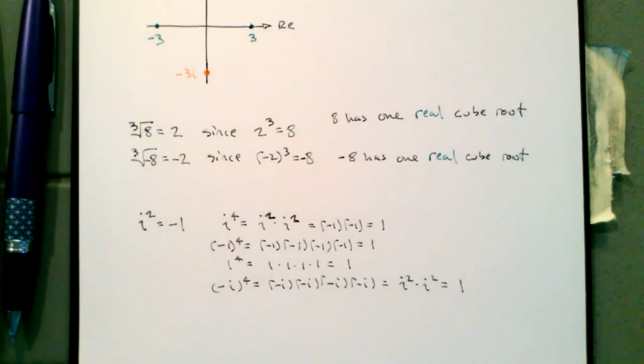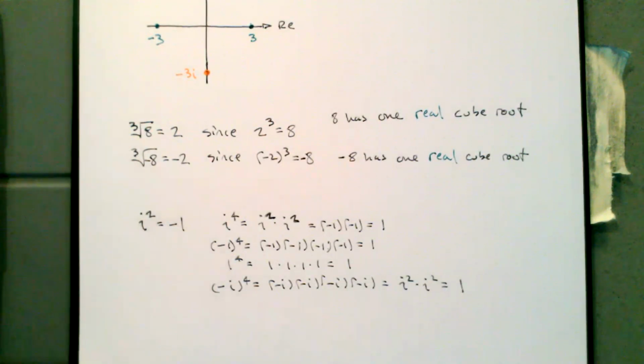Negative i to the fourth power is also equal to 1. So we see that the number 1 has 4 fourth roots, 2 real, 2 imaginary, so 4 complex fourth roots.